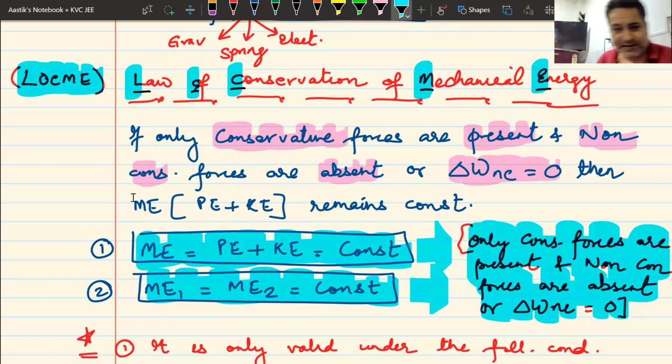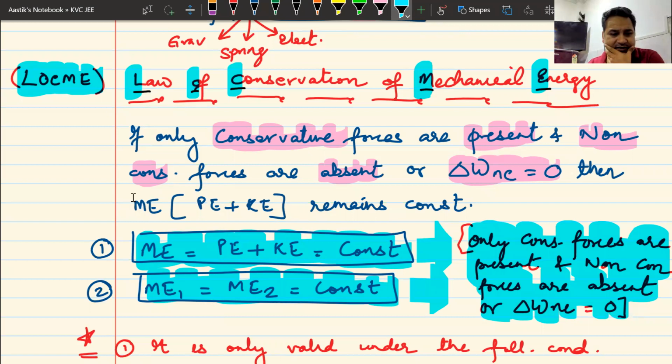This mother theorem is applicable everywhere. By everywhere, I mean whether they are conservative forces or non-conservative forces, you can always apply the work energy theorem. But if there are only conservative forces present, applying LOCME becomes easier, and you might have seen this.